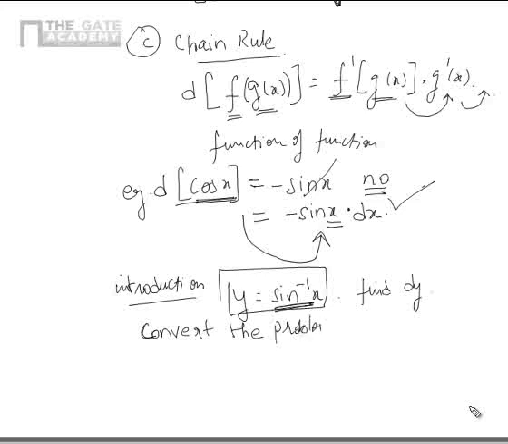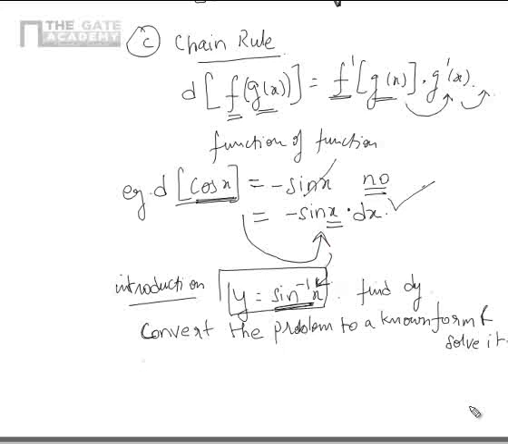Now sine inverse of x is an unknown form to me. What is known to me? Sine x is known to me. So let us convert a problem of sine inverse to a sine.